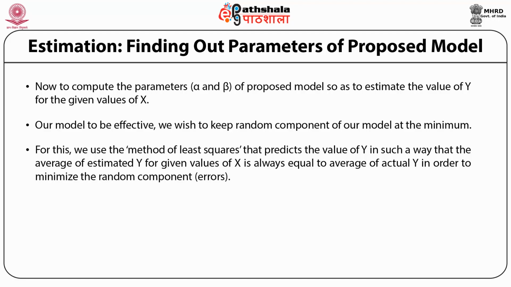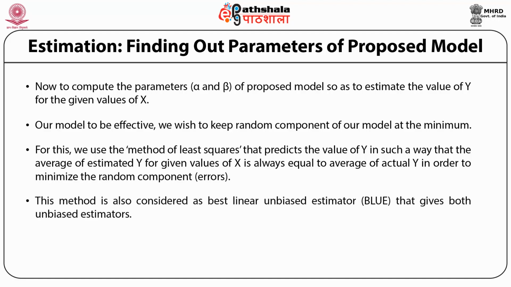Here it is important to note that least square method is a method that is calculating the values of alpha and beta in such a way that the error of prediction is at the minimum level. This method is also considered as best linear unbiased estimator, that is known as BLUE, that gives both unbiased estimators.